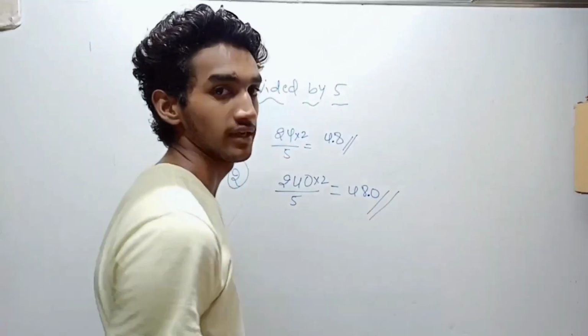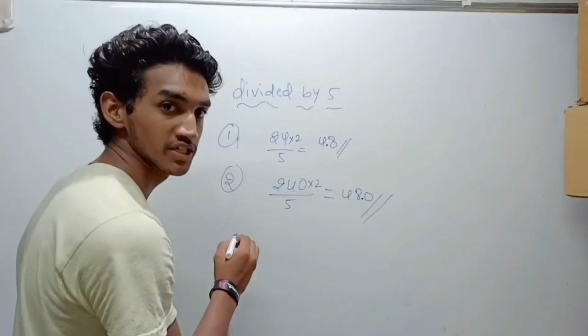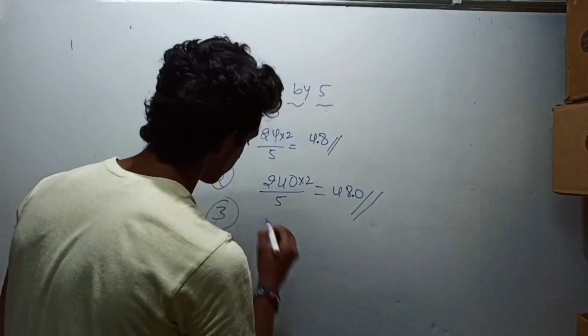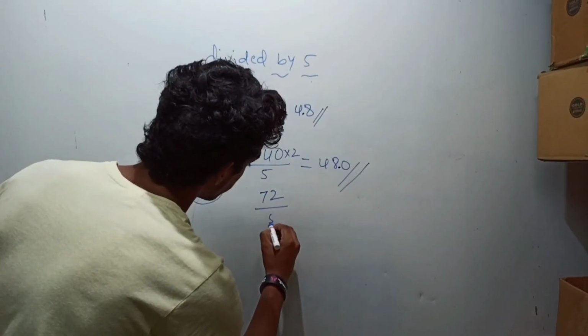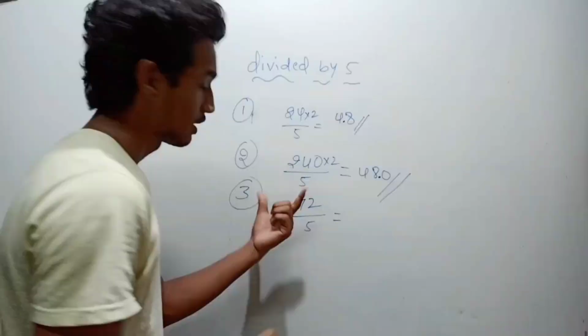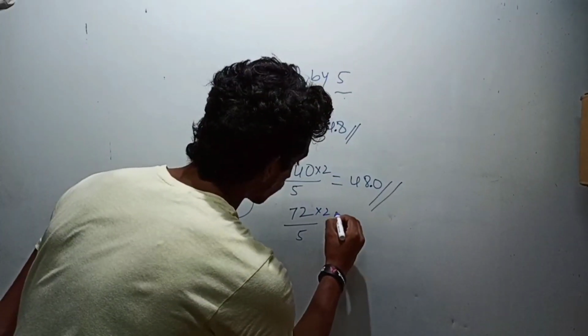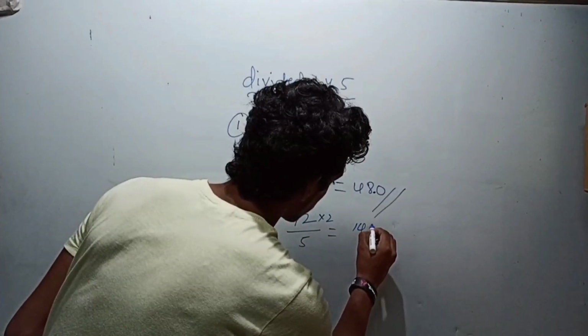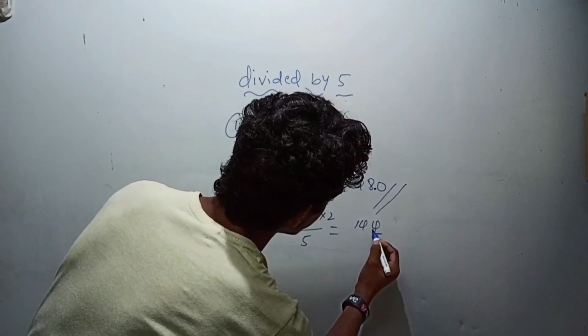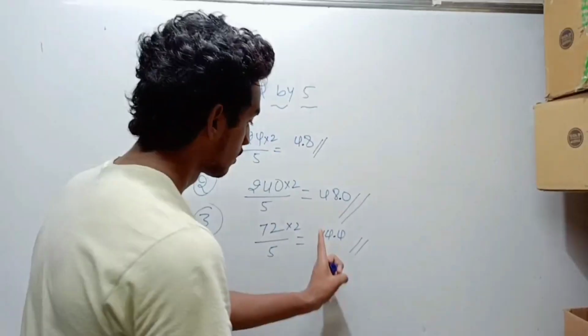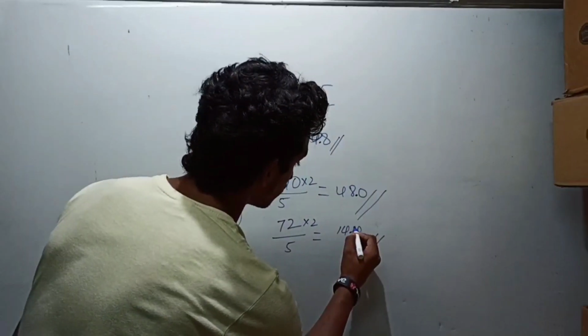The third question is 72 divided by 5 equals, 72 into 2 equals 144, and we leave one digit and put the point here. The answer is 14.4.